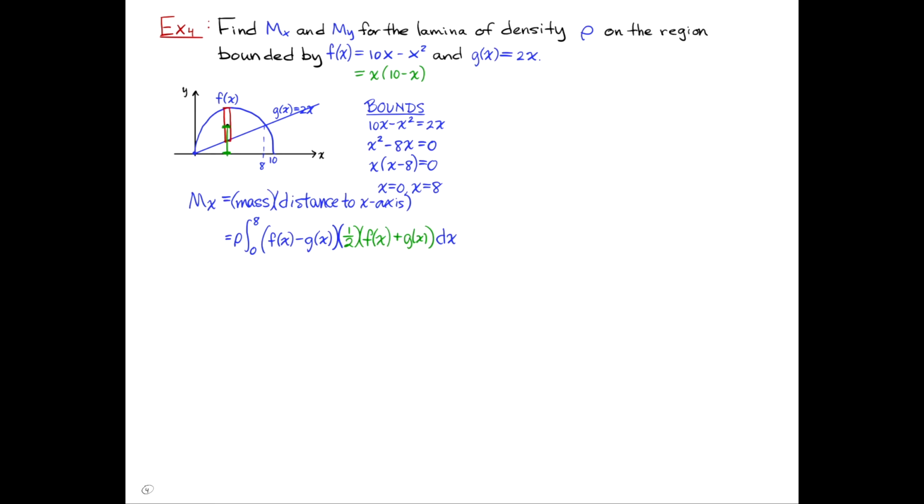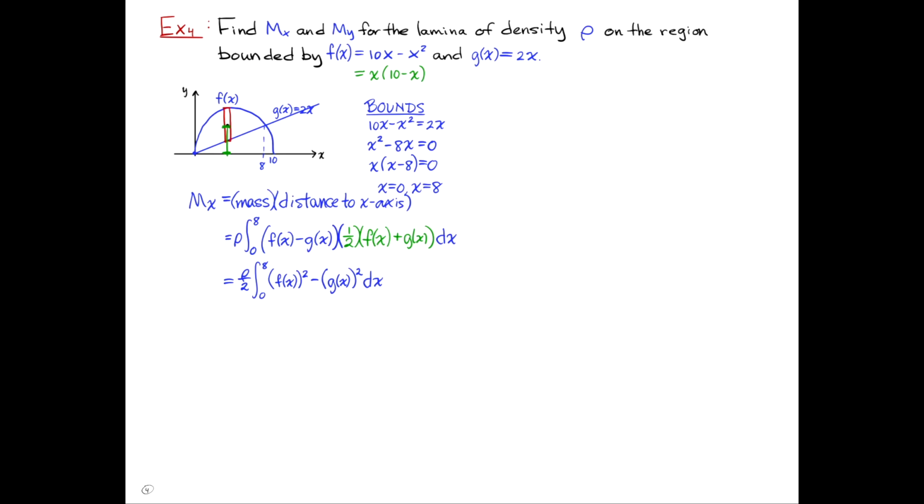So for your moment around the x-axis, when we FOIL that out, it becomes rho over 2 times the integral from a to b, in this case from 0 to 8, and foiling that, we would have f of x squared minus g of x, quantity squared, dx.